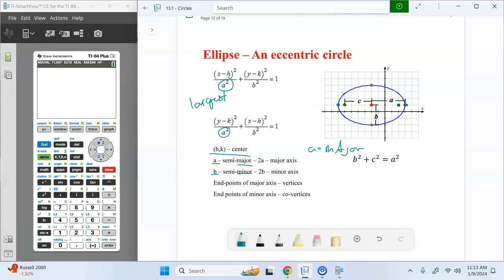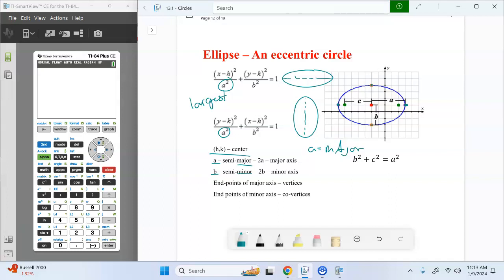So when x minus h squared over a squared is our largest, that's what gives us our horizontal ellipse because that x distance needs to be the longest. But if our largest denominator is underneath our y variable, that gives us the vertical ellipse because that y value will end up being the largest for that major axis. And so you just need to look really carefully to make sure. I don't have to write the y value first.